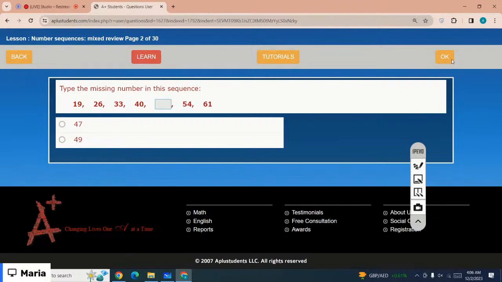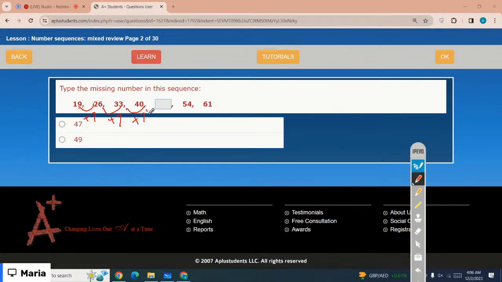Okay, type the missing number in the sequence. Let's just see how we calculate the pattern. Okay, 19 plus 7 is 26, right? And 26 plus again 7 is 33. And 33 plus 7 is 40. That means for each next number you have to add 7 to the last number.